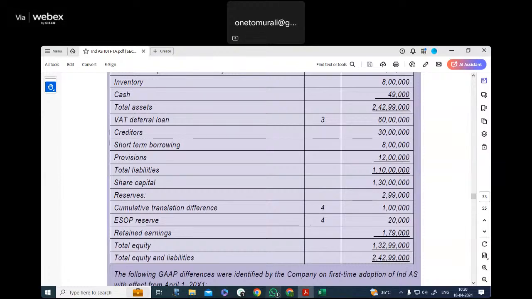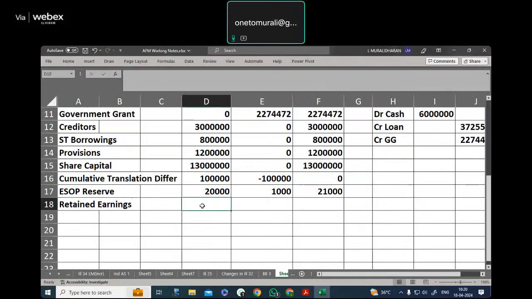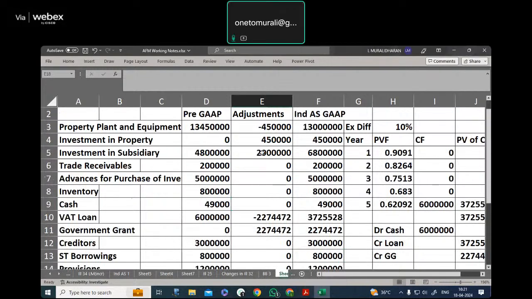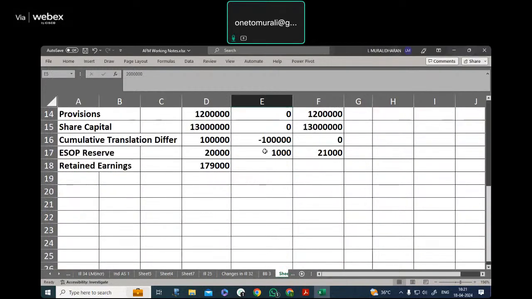So retained earnings we have to the extent of 179,000. The changes that we have made here, 20 minus 1,000, and here we are expected to make those changes.